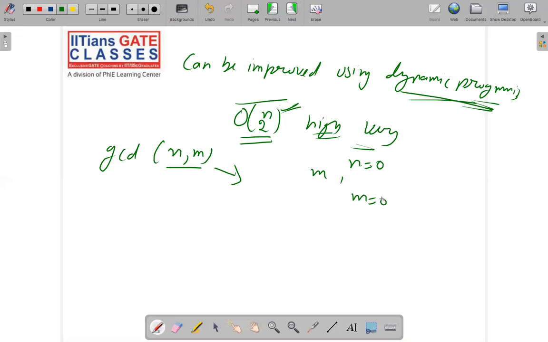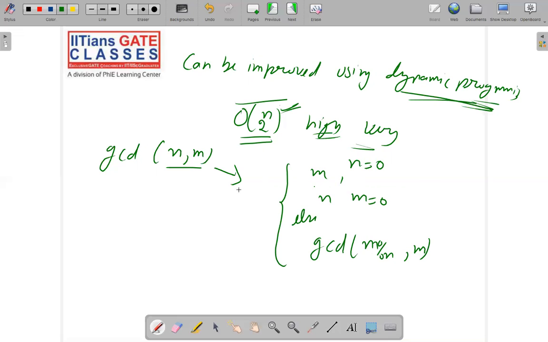If m is equal to 0, the answer is n. Else the answer is GCD of m remainder by n, comma n.